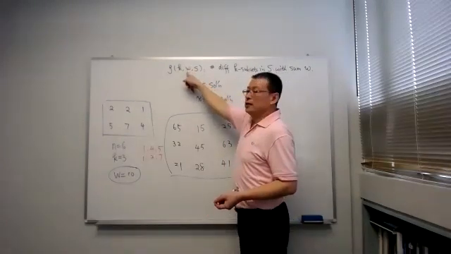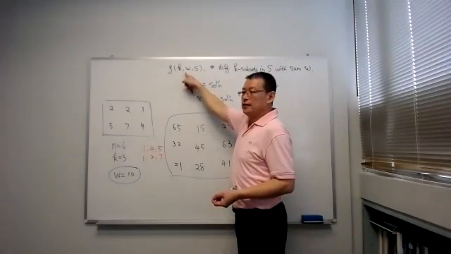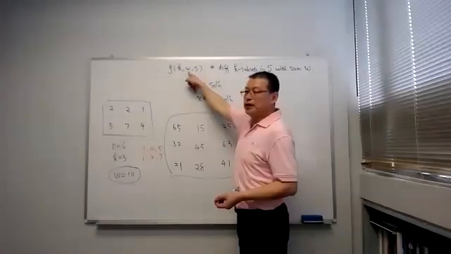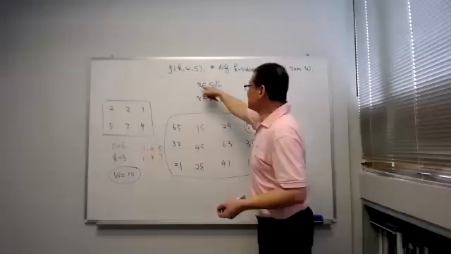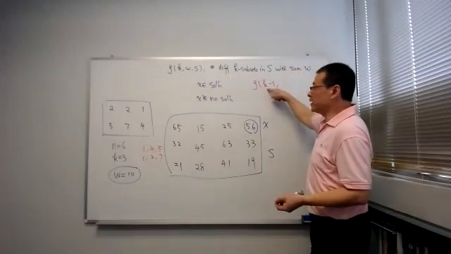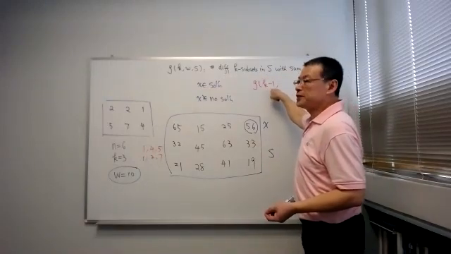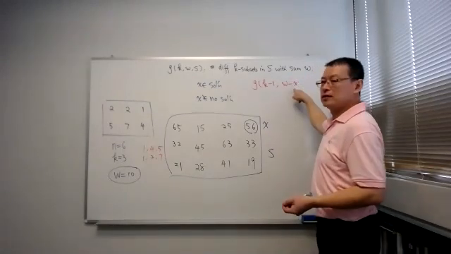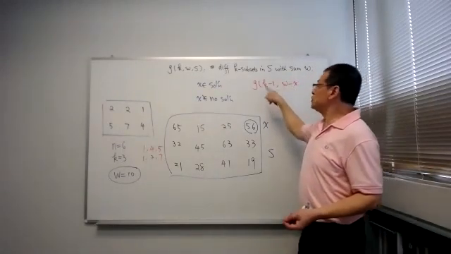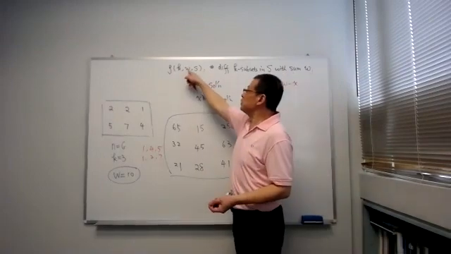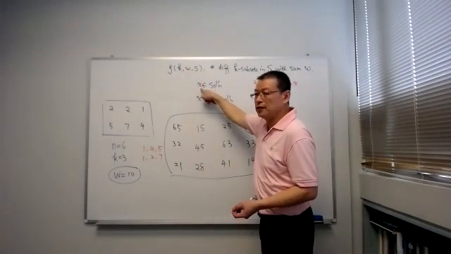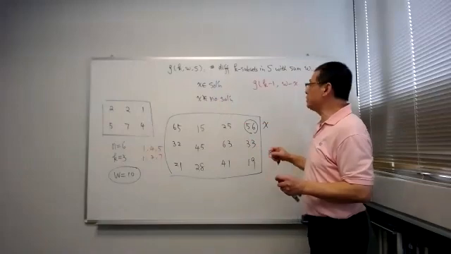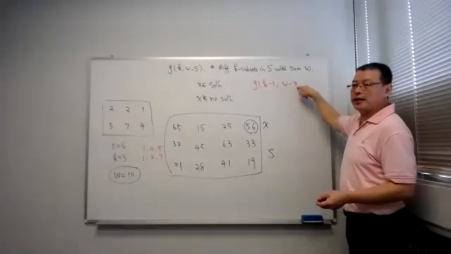Now the summation: originally its value needs to be W. Now X is chosen, so for the remaining K minus 1 elements, the sum needs to be W minus X.